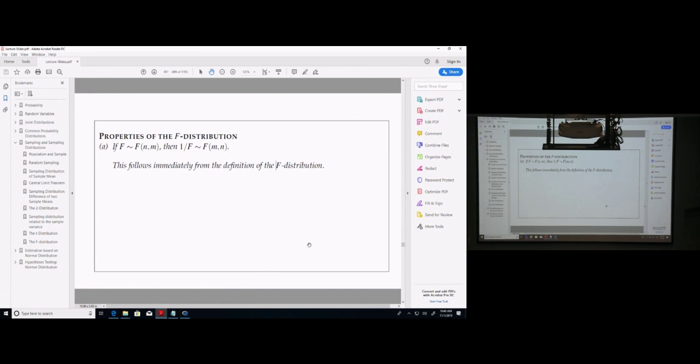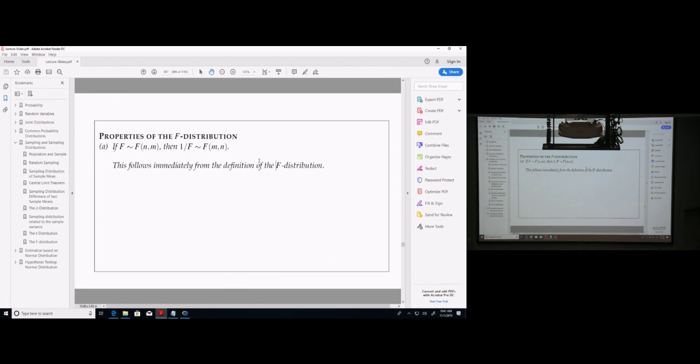Okay. There is one nice thing about this. If the F distribution comes from the ratio of two normalized chi-squares, with degrees of freedom n for the numerator and m for the denominator, then 1 over f would be interchanging the denominator and the numerator. So the degrees of freedom would be swapped, all right, would be m and n.